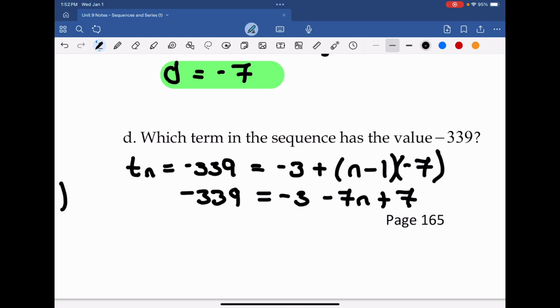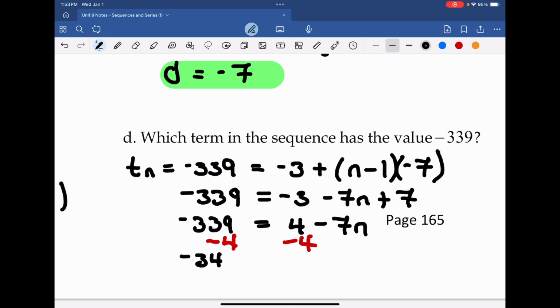Now, when I combine these, negative 3 plus 7 gives us positive 4. Let's write that next line out. Negative 339 is equal to 4 minus 7n. From here, I'm going to subtract 4 from both sides, which gives me negative 343 is equal to negative 7n.